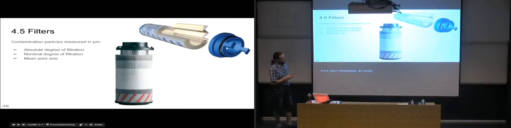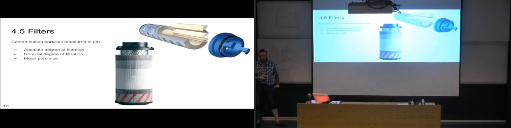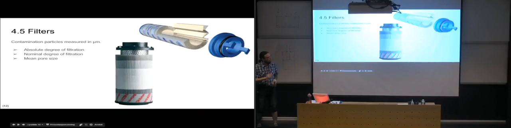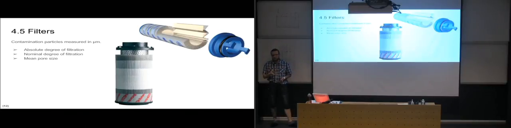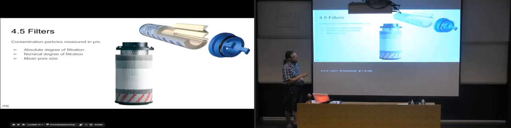Here we have a couple of pictures. Usually this is how they look. Most filters look something like this, where it looks kind of like paper or some kind of fabric almost, and then it's been folded like this, and that's to create as much surface area as you can. Because if you had just wrapped this material once around a cylinder, you would have the same surface area as the cylinder.